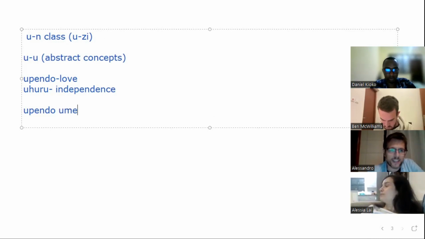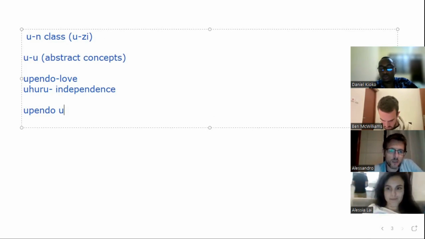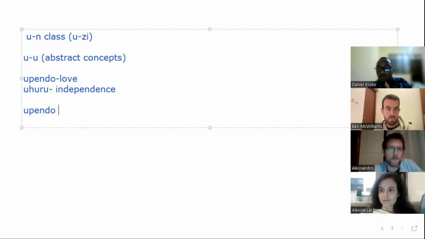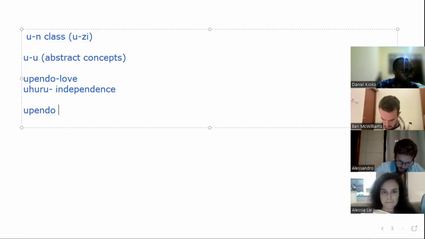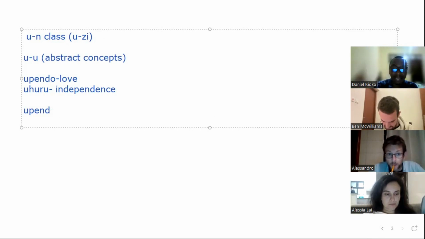The syntax is still U. It doesn't have a plural, it's just flat singular. We have two groups. This is the first group, U-U, under the U class.